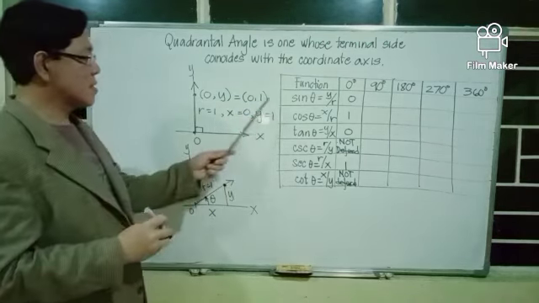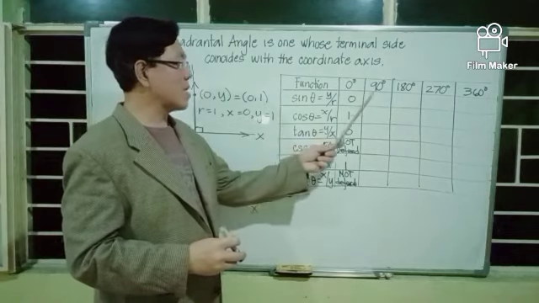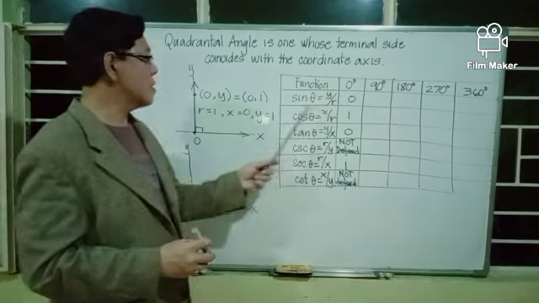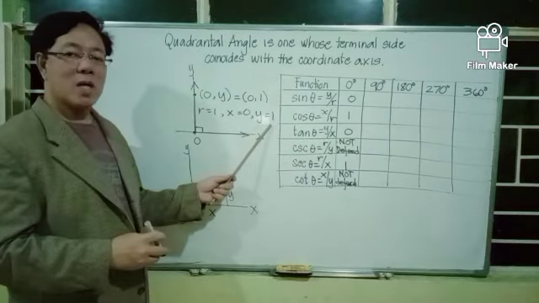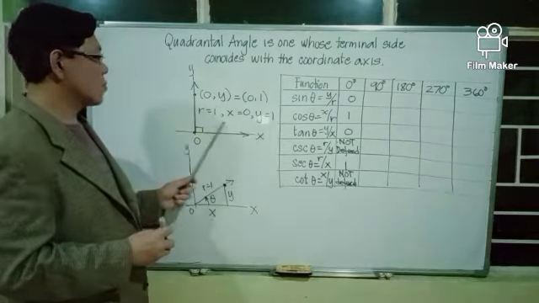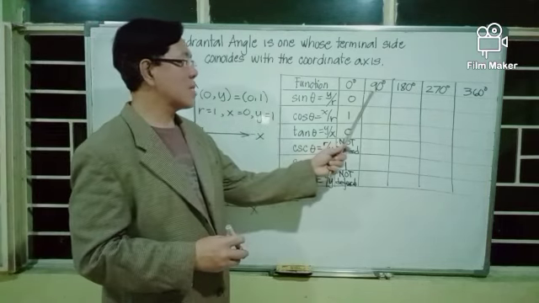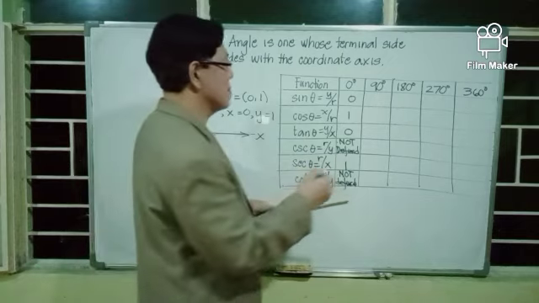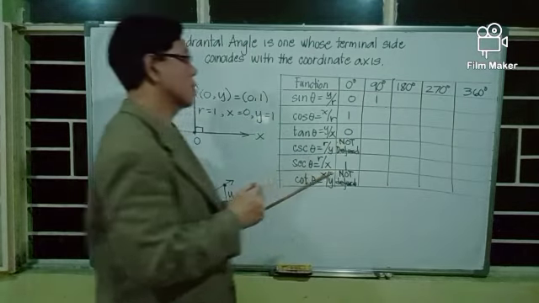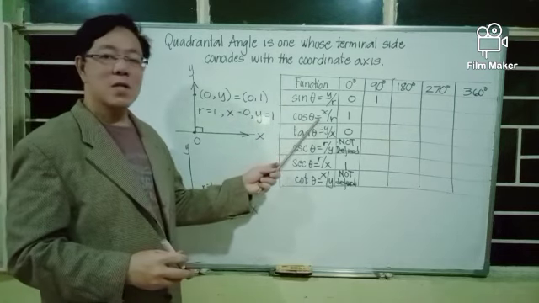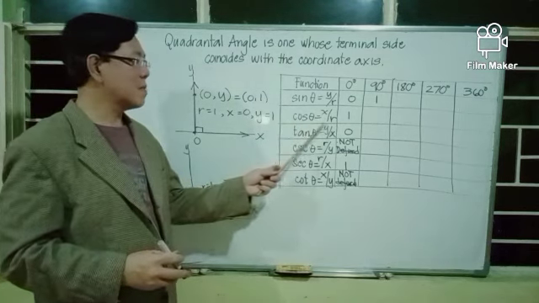As we start with sine of 90 degrees, sine is defined as the ratio of y over r. Y is 1, r is 1, 1 divided by 1 is 1. And sine of 90 degrees is 1. Now, cosine of an angle is the ratio of x over r.